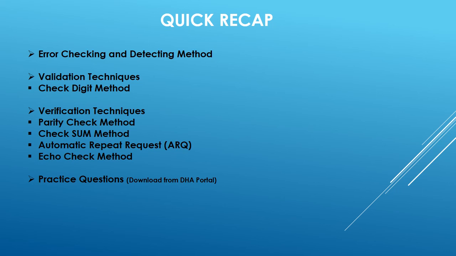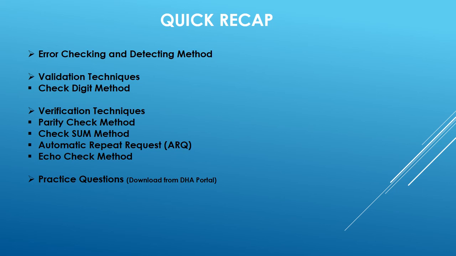For example, double entry is a method to verify whether the data entered is correct or not. Visual check method, parity check method. Parity check method is a method in which a parity bit is added at the start of one byte before transmitting that byte. We discussed two rules of parity bit: even parity and odd parity.